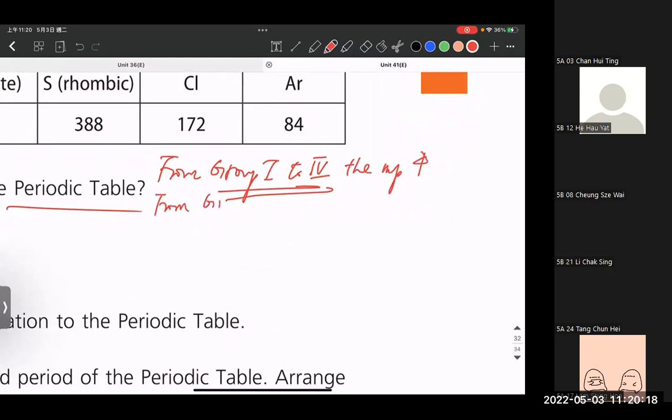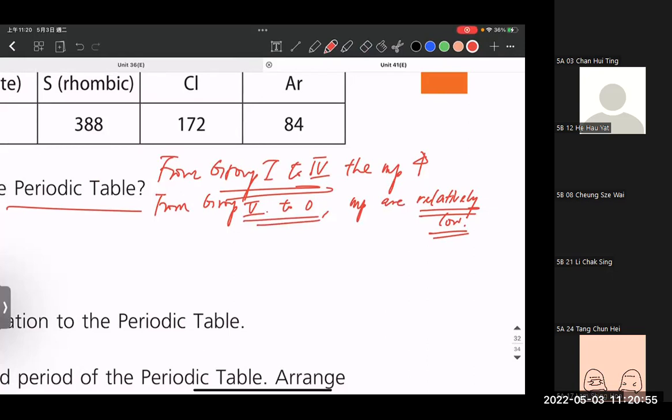From group 5 to group 0, the melting points are relatively low, but I cannot find an increasing or decreasing trend, so just tell it compared with groups 1 to 4. For group 5 to group 0, the other elements have relatively low melting point.